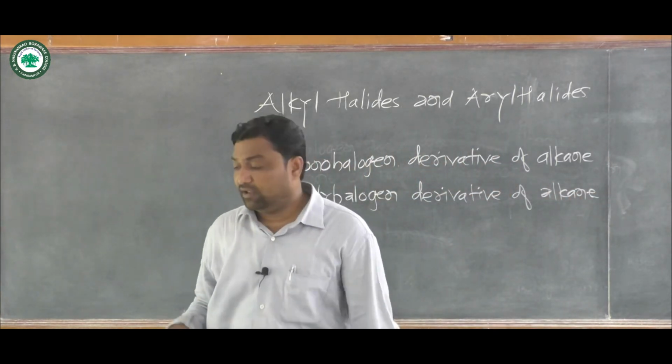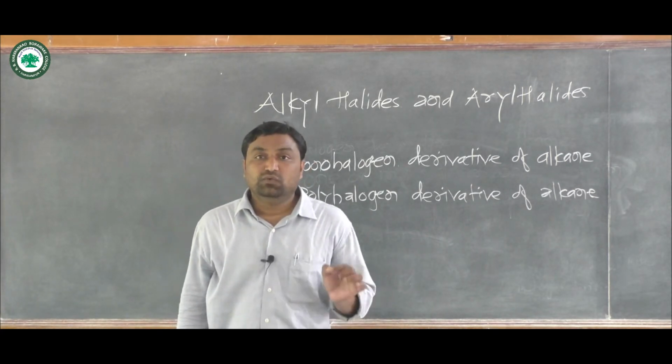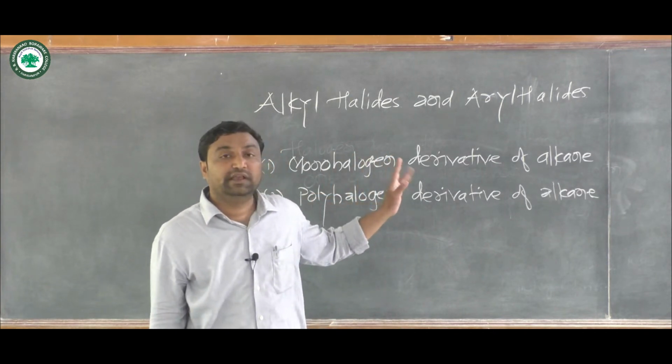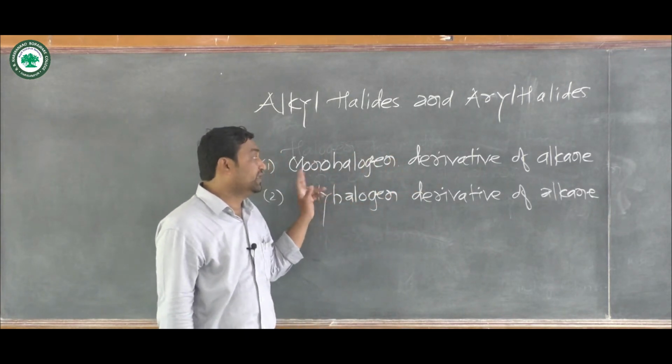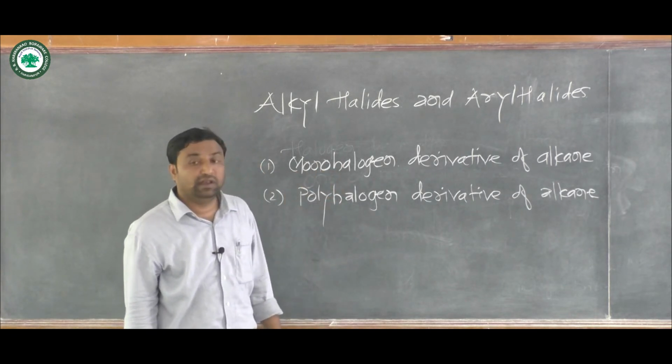Depending upon the number of hydrogen atoms replaced, we may classify these halogen derivatives of alkane into two types. Now the first type, that is monohalogen derivatives of alkane.